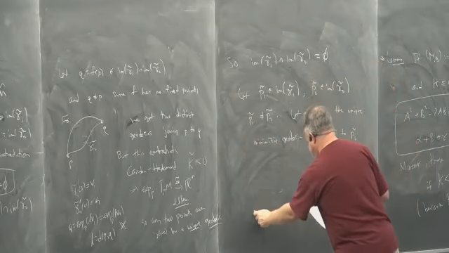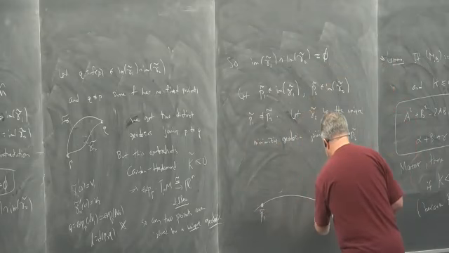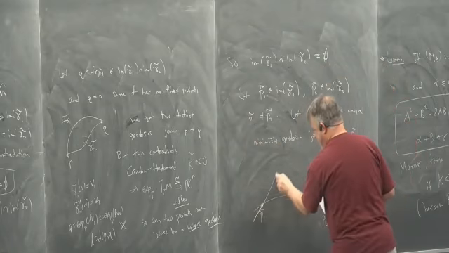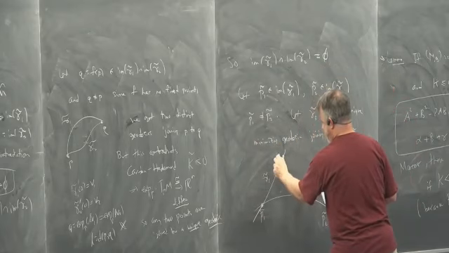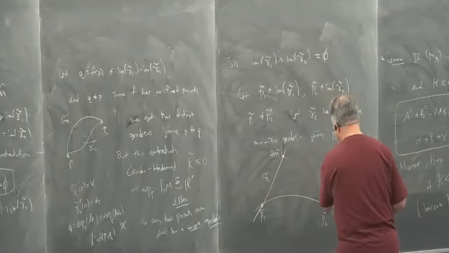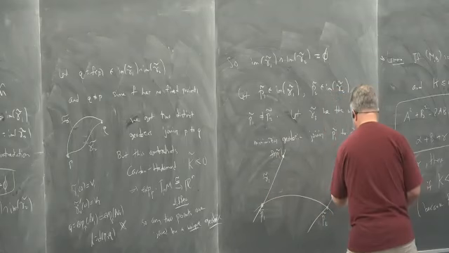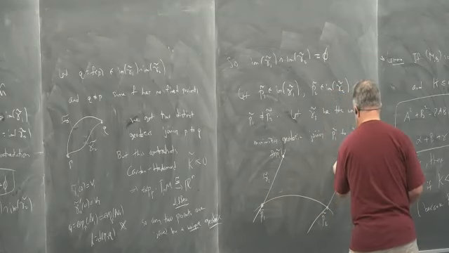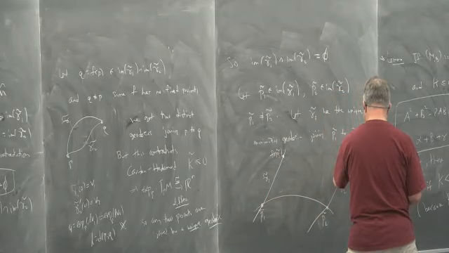So here's the picture. P1 tilde, P2 tilde. This one is on gamma 1 tilde, and this is going to be F of P1 tilde. It's still on gamma 1 tilde. And here's gamma 2 tilde, and this is F of P2 tilde.